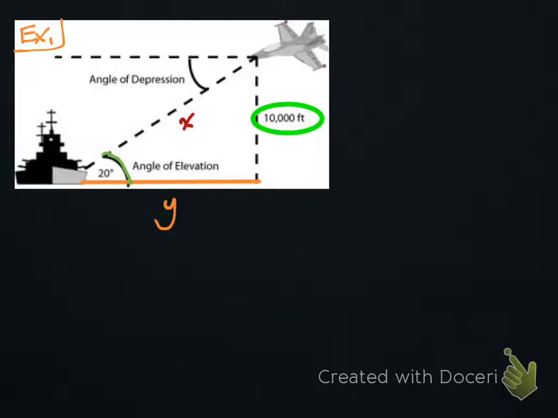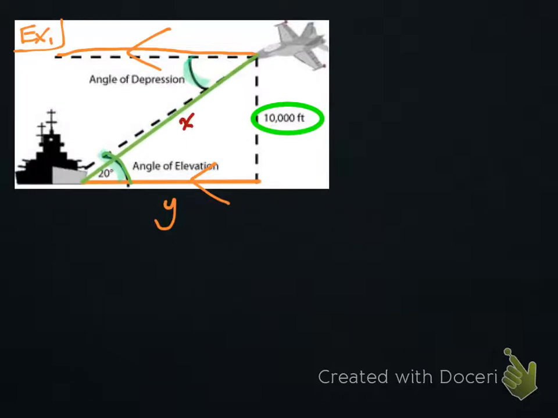Well, this orange line that I'm going to trace at the top here is also horizontal, which means these two lines are what? Parallel, right? So if I know those two lines are parallel, then what can I say about these two angles here? Well, we have a transversal, right?